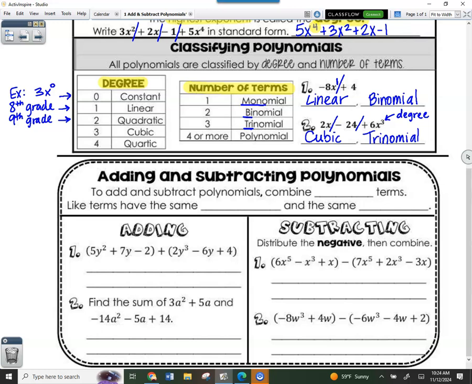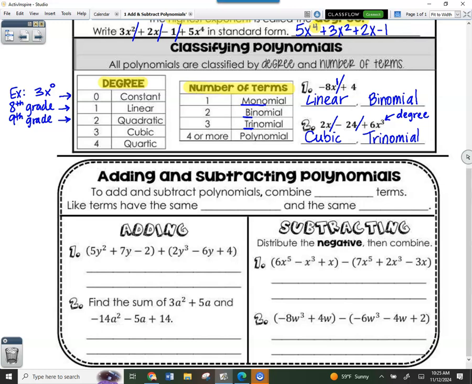Now, part of our Delta Math practice will be being able to correctly identify the degree and the name of the polynomial based on the degree and how many terms there are, okay? We're also going to look at adding and subtracting polynomials because you already did this in 8th grade, but they were all linear. Now they might be quadratic or cubic. You may have some cubics in there, but you just have to identify the like terms.